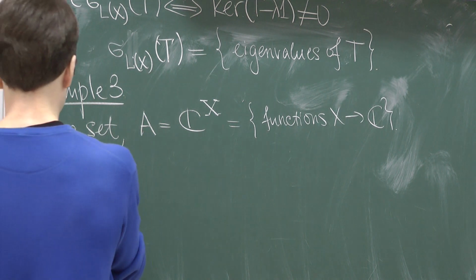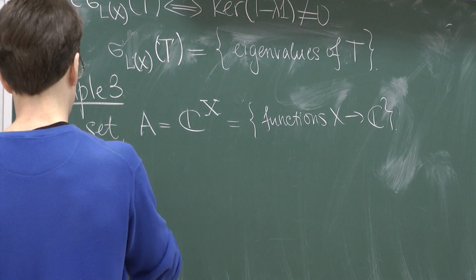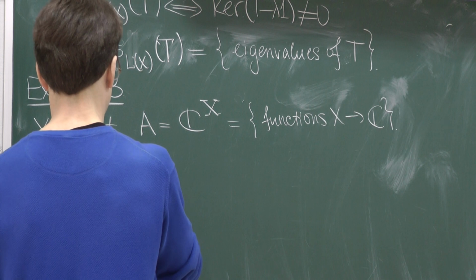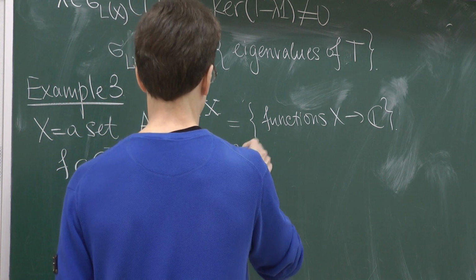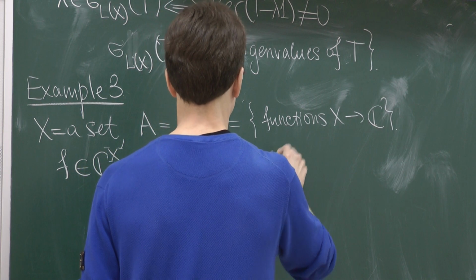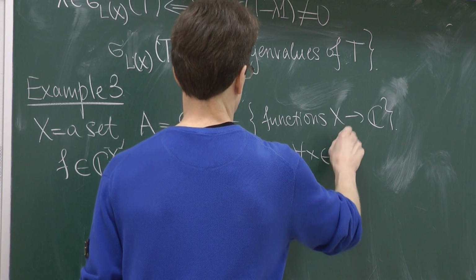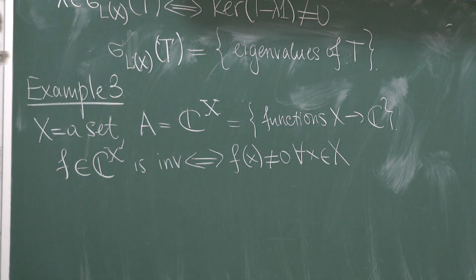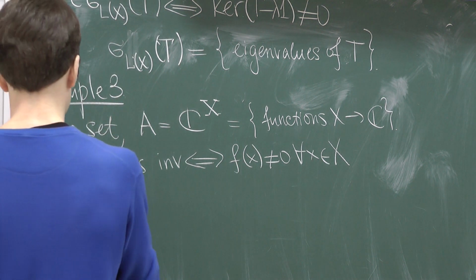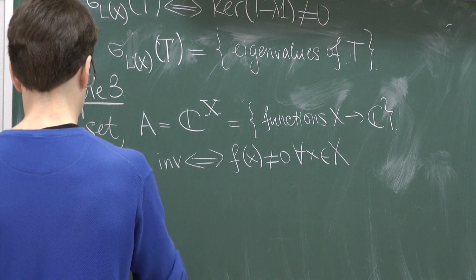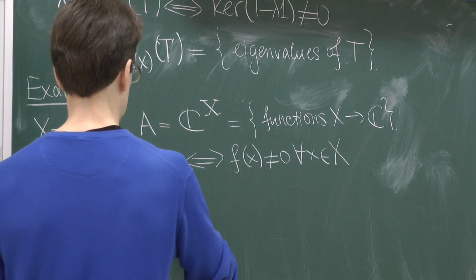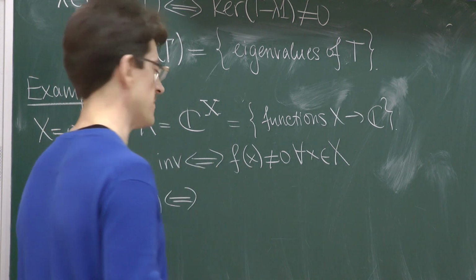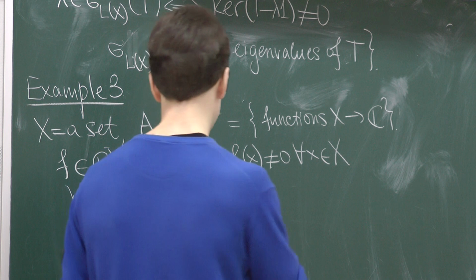So clearly an element f in this algebra is invertible if and only if f is non-vanishing. And the inverse element is 1 over f. So we conclude that lambda is in the spectrum of f if and only if the function f minus lambda vanishes somewhere.